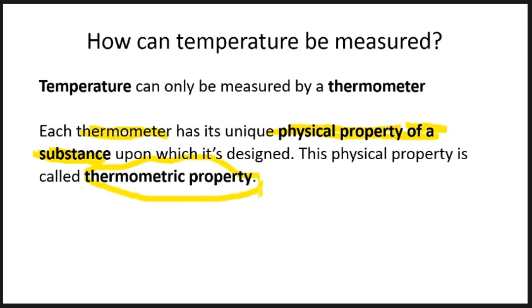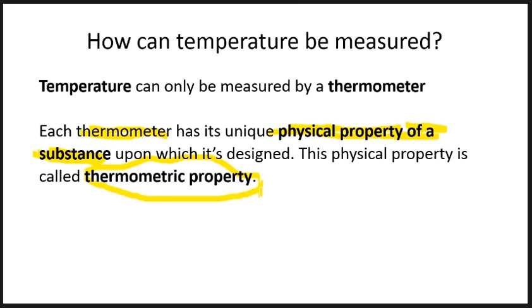Now I also need to add this: every thermometric property actually varies from one thermometer to another, and they change with temperature. Please take note of those two statements I've just mentioned. The thermometric property varies from one thermometer to another.